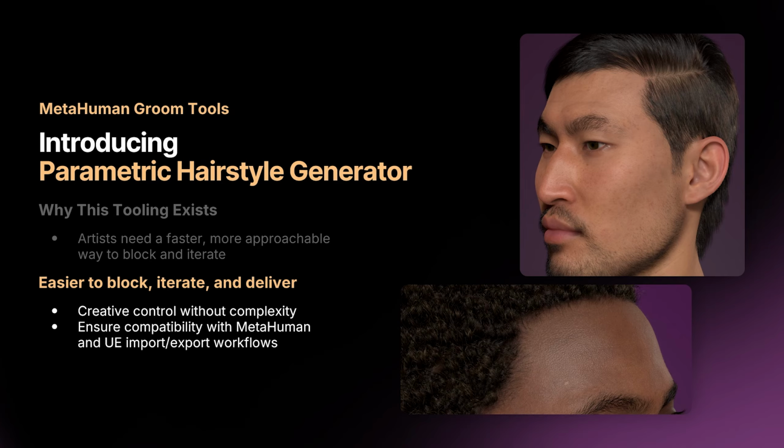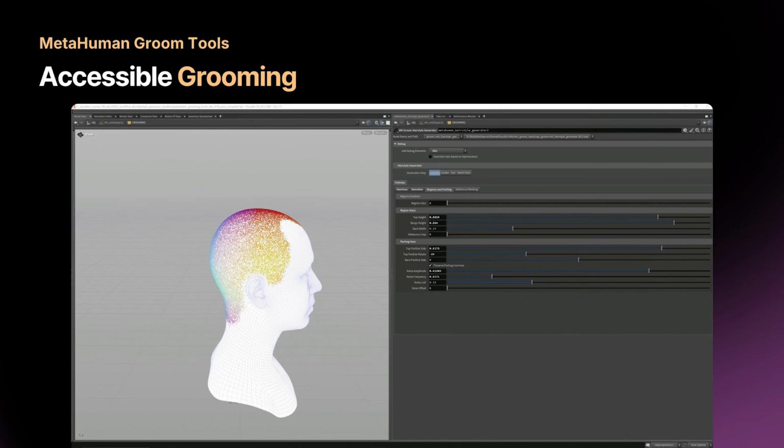The hairstyle generator tools make it easier to block, iterate, and deliver grooms without manual labor or work. In short, it's about speed, flexibility, and delivering high-quality results with much less friction.